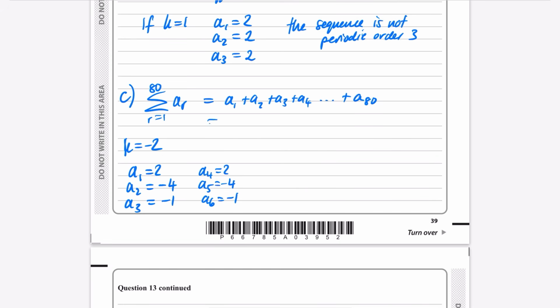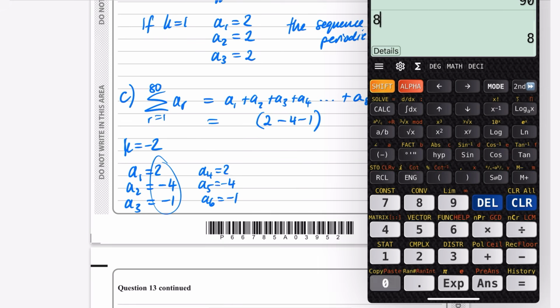So for 80, we're going to have lots of these groups of 2, minus 4, minus 1, and we need to work out how many of those groups we're going to have. If I do 80 divided by 3, we're going to have 26 groups of these triplets.